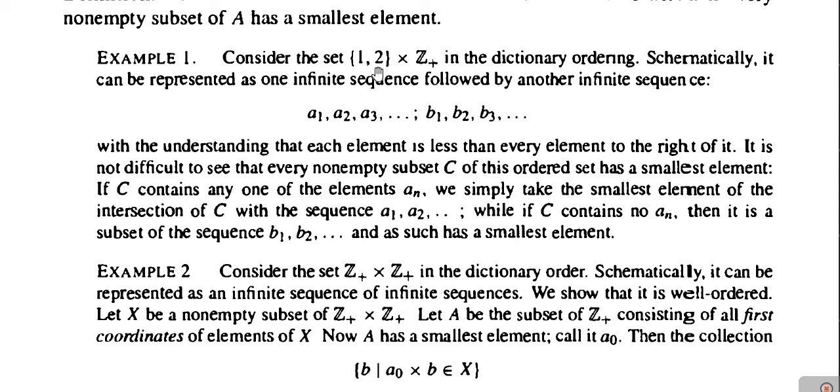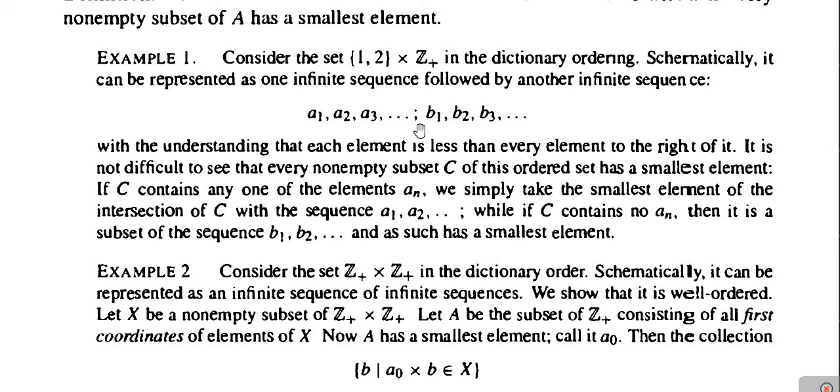Then if we arrange the elements of this Cartesian product set systematically, it can be represented as one infinite sequence followed by another infinite sequence, such that the first sequence is a1, a2, a3, continued. Then the second sequence is b1, b2, b3, continued.